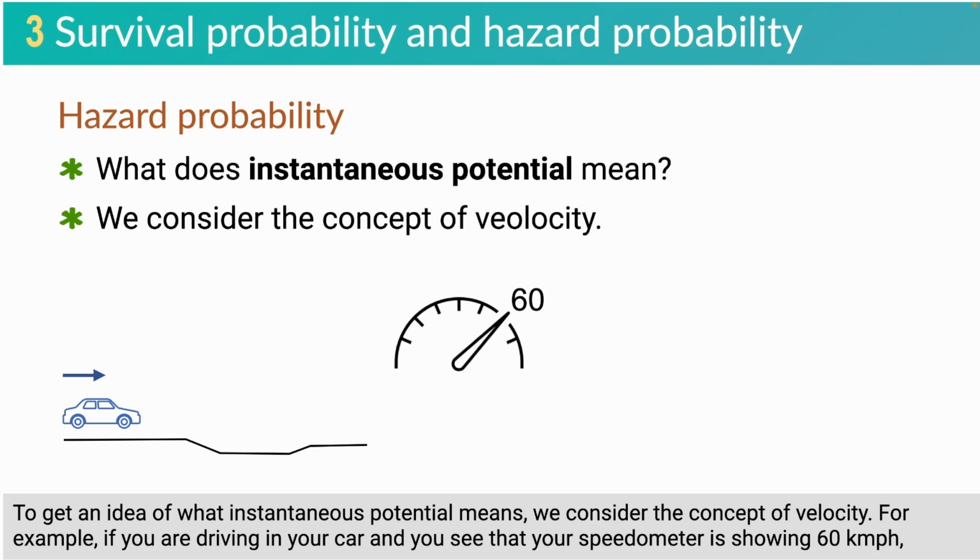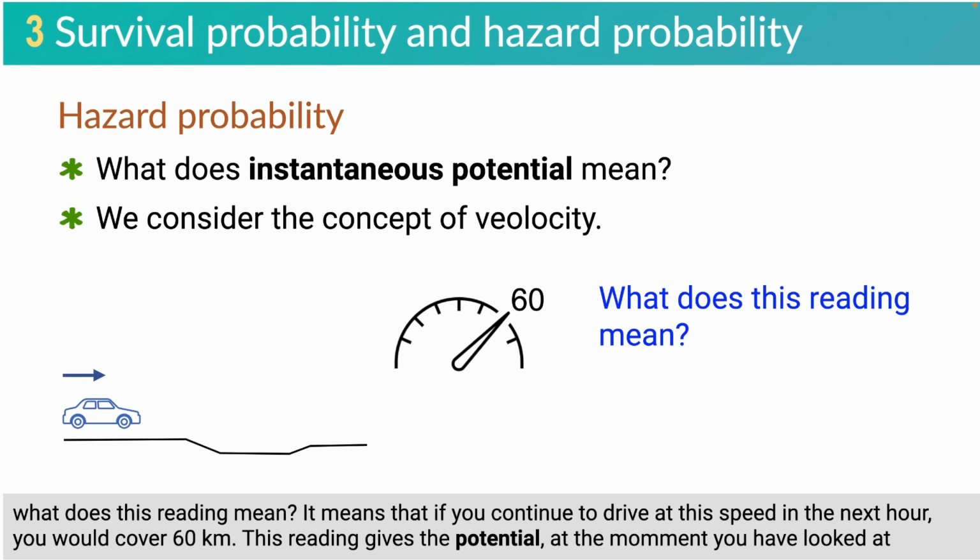To get an idea of what instantaneous potential means, we consider the concept of velocity. For example, if you are driving in your car and you see that your speedometer is showing 60 km per hour, what does this reading mean? It means that if you continue to drive at this speed in the next hour, you would cover 60 km.